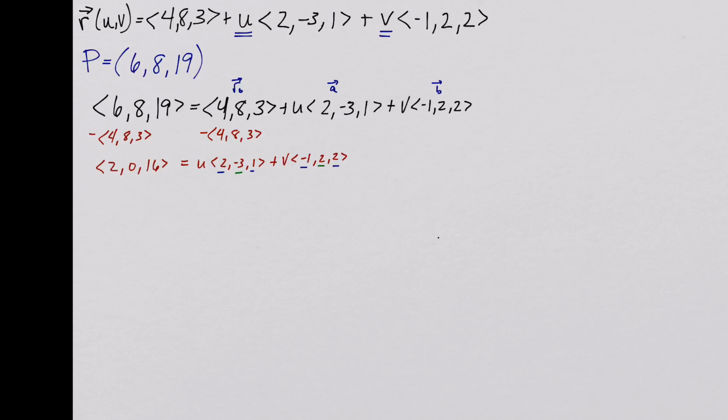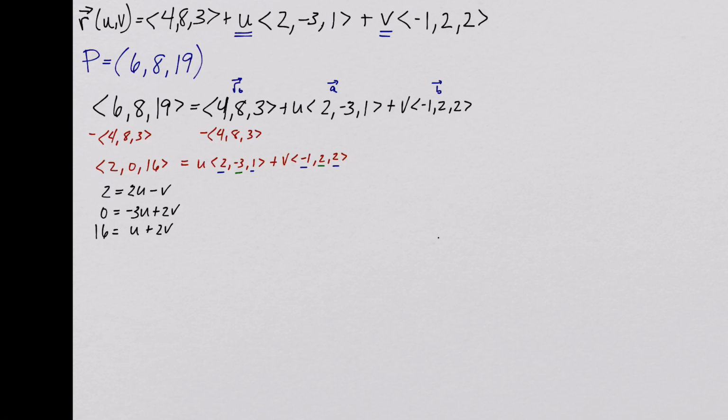So I'm going to switch back to black here, and we would say that 2 is equal to 2u, just doing scalar multiplication, and then minus v. 0 is equal to negative 3u plus 2v, and then 16 is equal to u plus 2v.